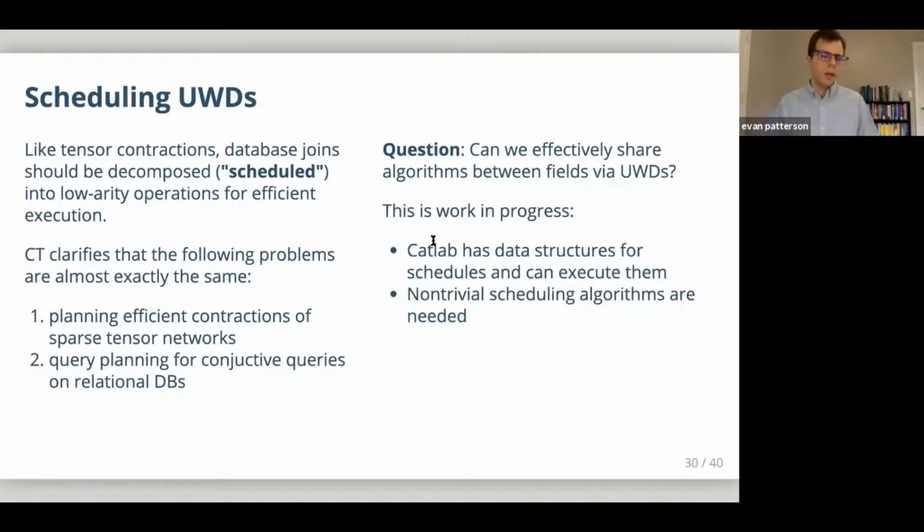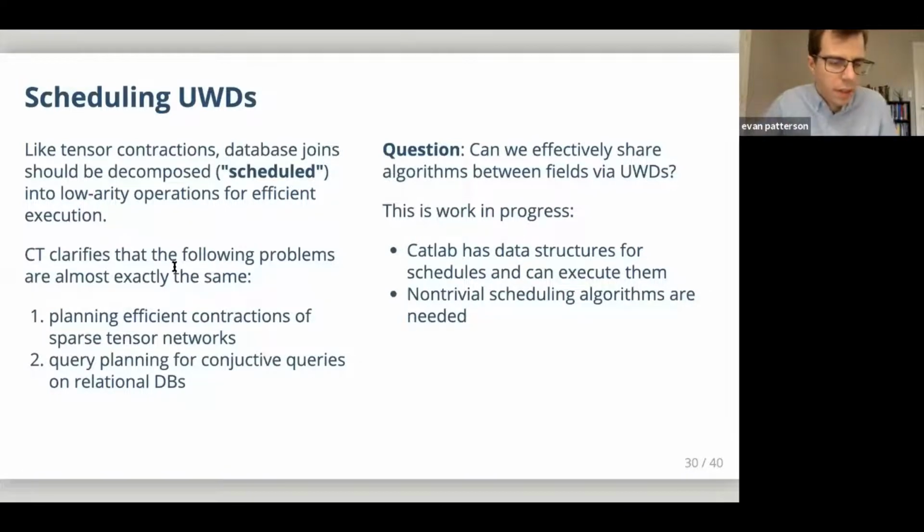Now I want to make a point about the structural similarity between these two examples of tensor contractions and database joins. Like tensor contractions, if you want to perform database joins efficiently, you need to decompose them into low arity operations, such as binary operations, in order to get efficient execution.